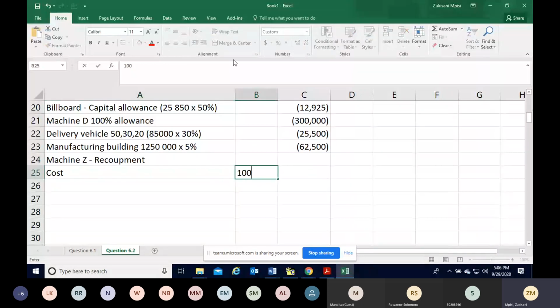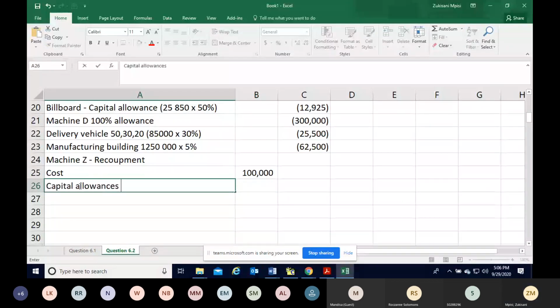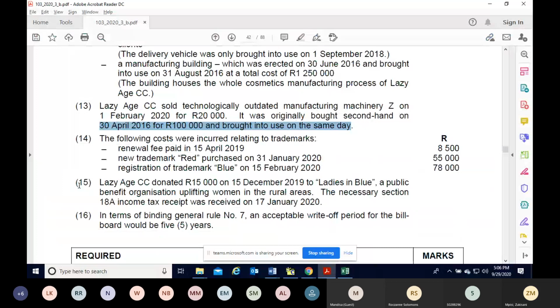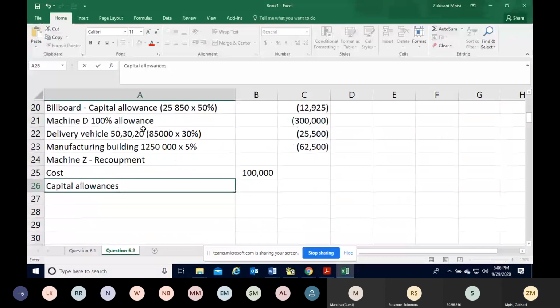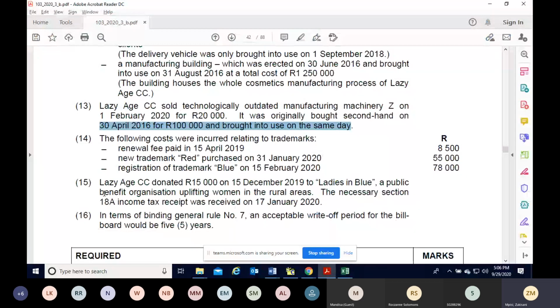The cost we are given is 100,000. Capital allowances, for which years? It was purchased in 2016, so we are looking at 2017 and 2018, and this was a manufacturing asset.